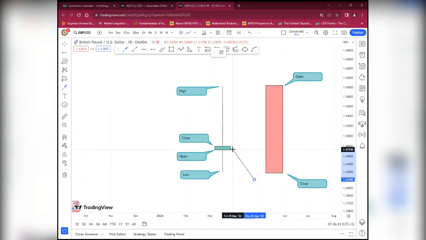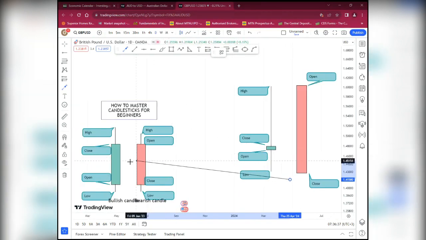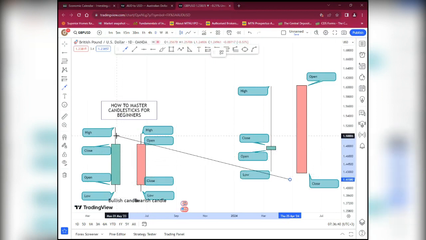We're having a very small body and very big wicks. So this is known as a wick. This is also known as a wick. This is known as the body of the candle. Same here. This is the body of the candle, a wick and a wick. The body of the candle, a wick and a wick.